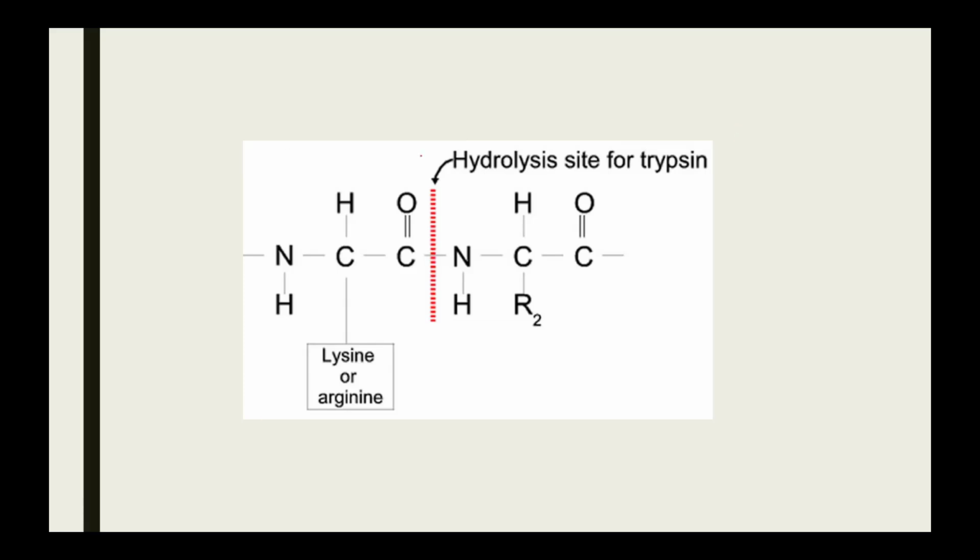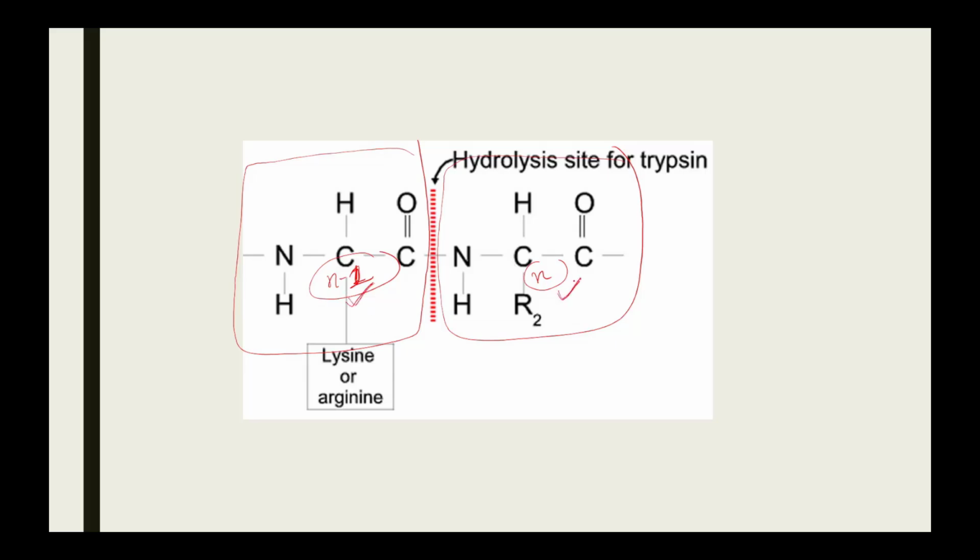This is one amino acid residue, and this is another amino acid residue. Suppose this is the N minus 1 amino acid, and this is the N amino acid. This labeling is for the positioning of the amino acids.